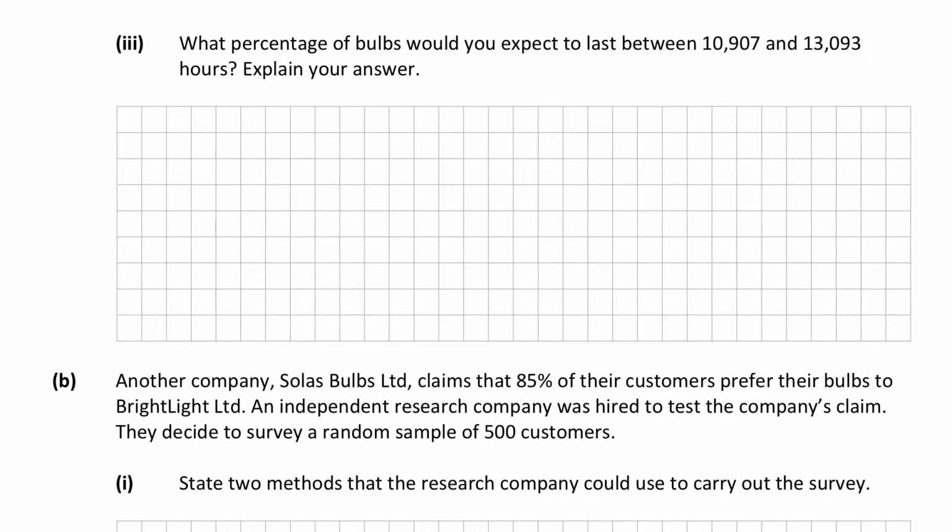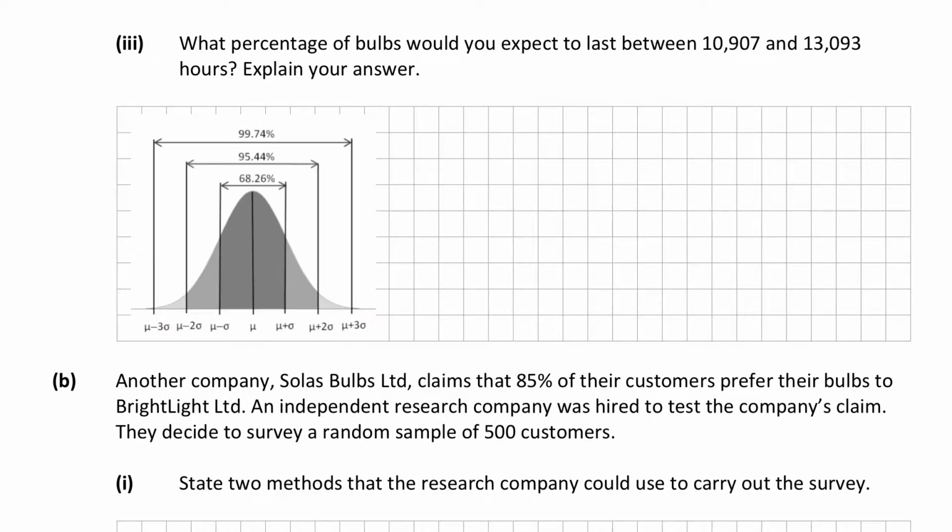So if we have a bell curve, you can see there we have a bell curve. We know the standard deviation, we know that the mean is going to be 12,000. So we're going to put in 12,000. If we go back one standard deviation, we'll have 12,000 minus the standard deviation that we just calculated to be 1,093.